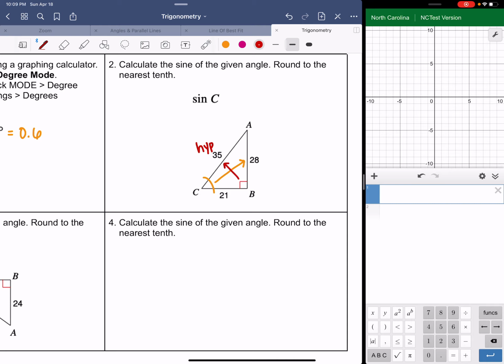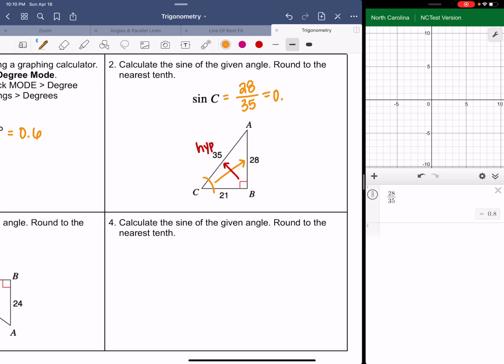So now we can set up that sine C is the opposite, which is 28, over the hypotenuse, which is 35. So in our calculator, we're going to type in 28 divided by 35, and we get 0.8. And that's it.